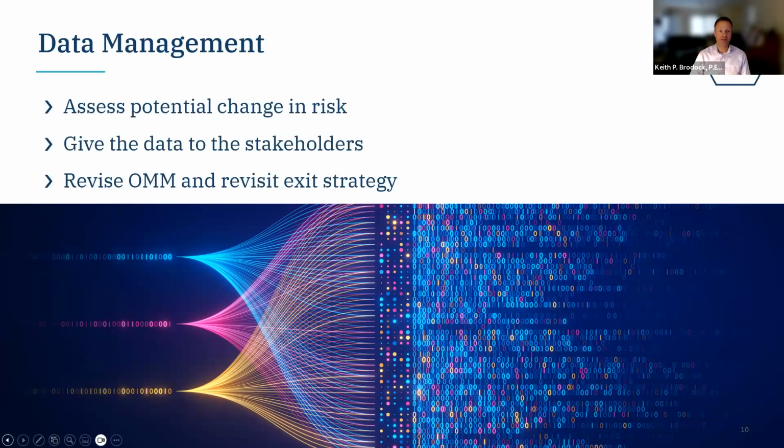And data management. This whole process from start to finish is an exercise in data management. We're looking at our baseline data, the initial samples that we've collected. A lot of times that's a chemical sample. We're looking at our operation and maintenance and monitoring data that come from an operating system, for instance.